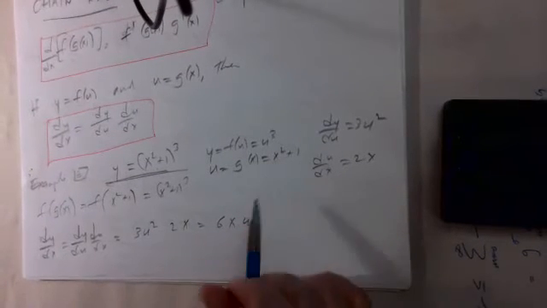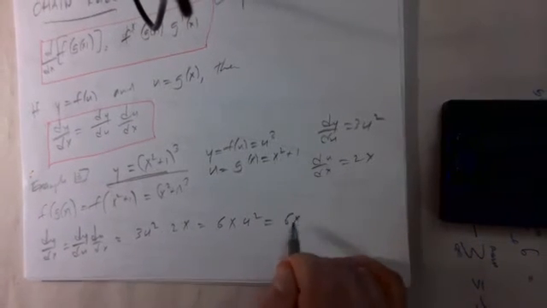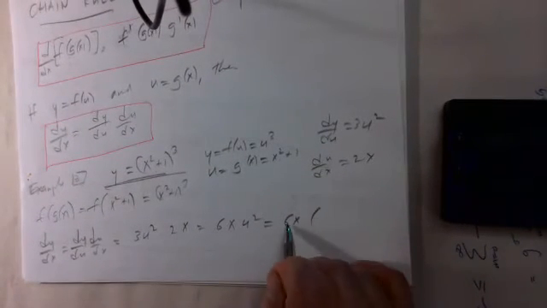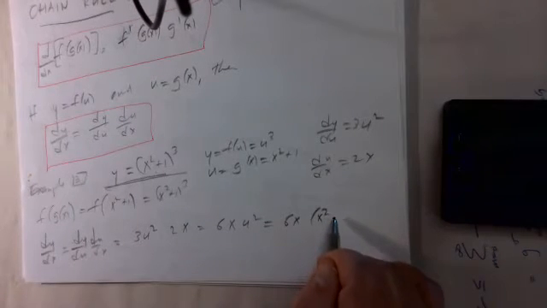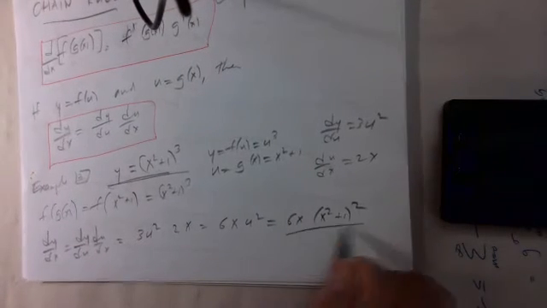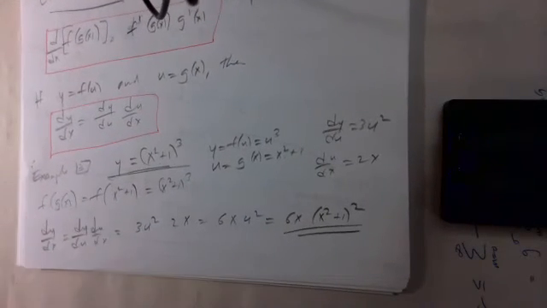But what is u? x squared plus 1. We want an answer which is just in terms of x. So 6x times (x squared plus 1) squared. That's the chain rule.